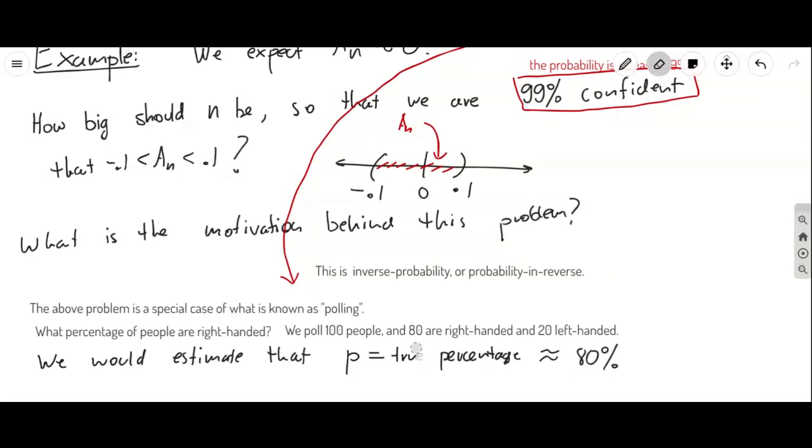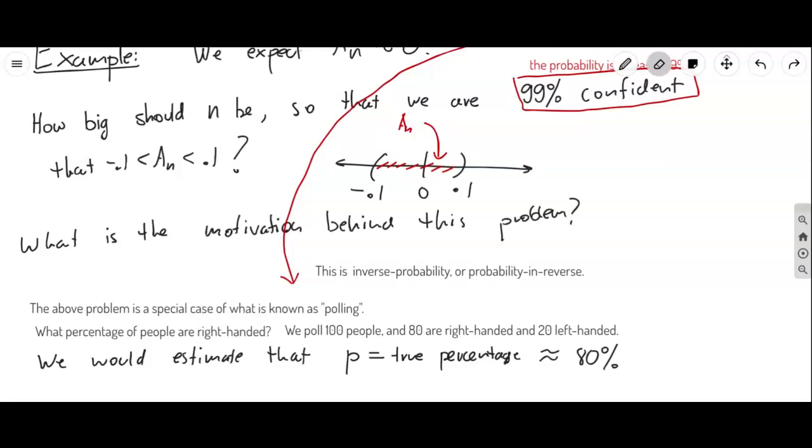Because you can see that, 80 out of 100. But there's going to be maybe a margin of error. That maybe we got a bit too lucky with people who are right-handed. Maybe that number is closer to 75%. Or maybe we got a bit too lucky with people who are left-handed. Maybe that number is closer to 95%.